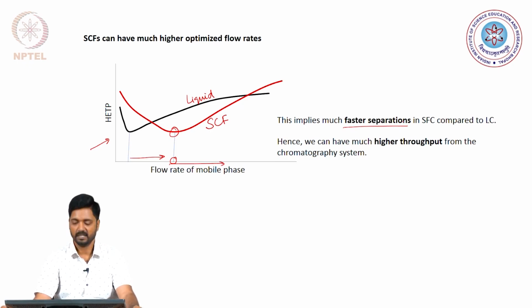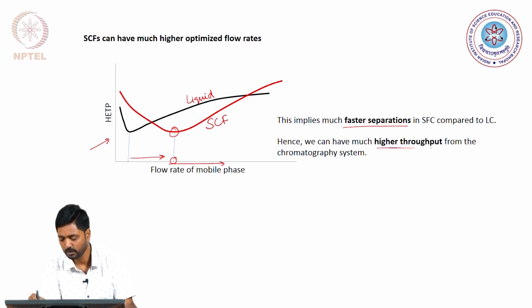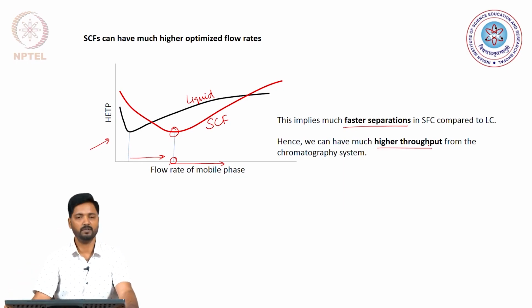That means that the times required for chromatographic separations will be much shorter, and as a result the throughput from our equipment will be much higher, or we will be able to analyze a larger number of samples within a given time of instrument use.